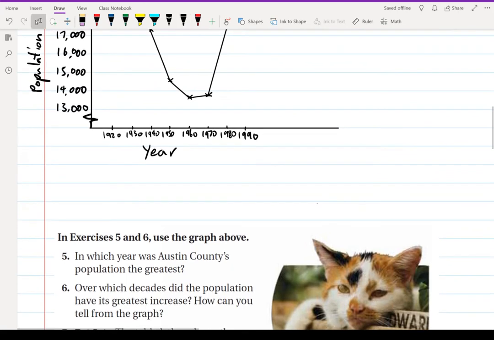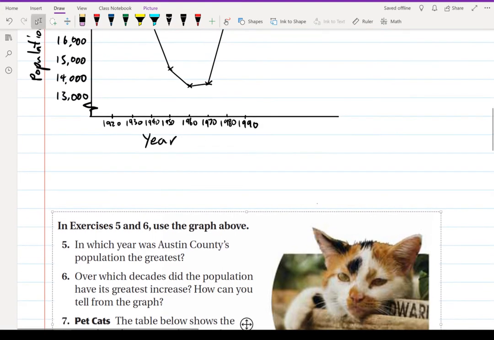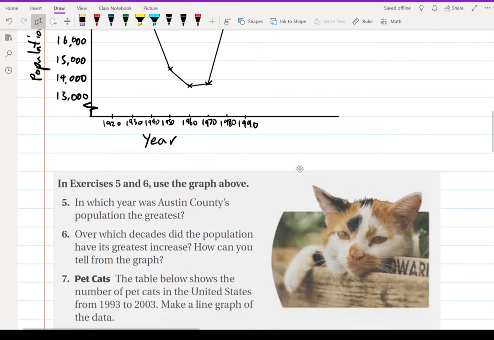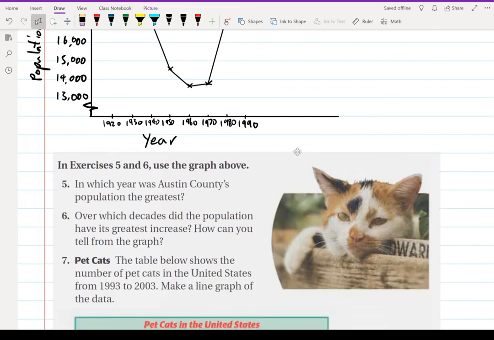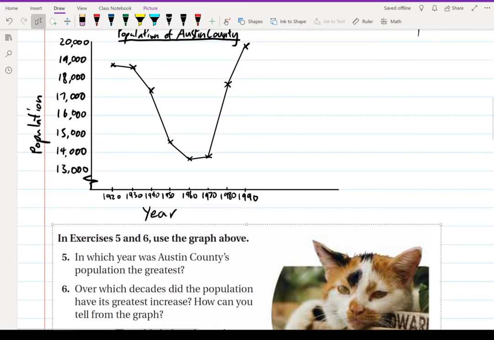Okay, so it says here in exercise 5 and 6, let me see if I can move this up slightly more. There. Okay, so in exercise 5 and 6, it says use the graph above. Which year was Austin County's population the greatest?